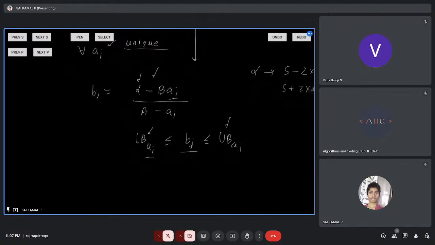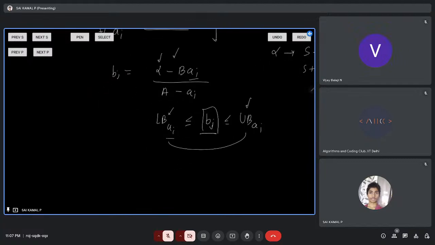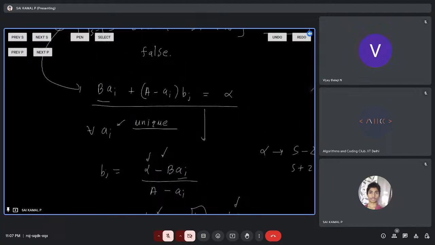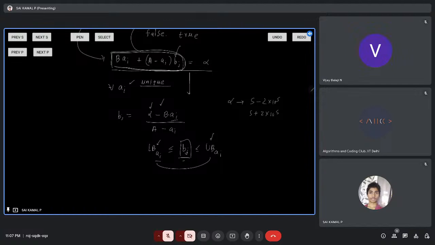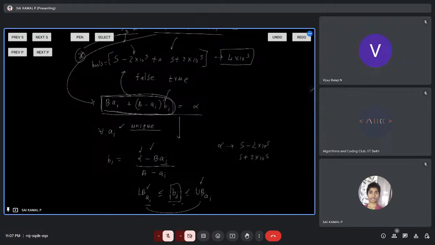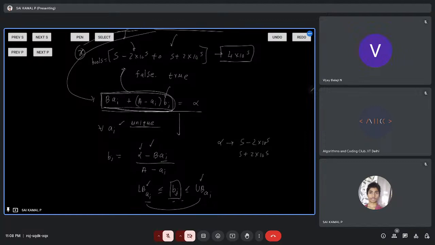Now you can iterate over all the elements of bj which are within this range, evaluate this value, and set the value of this in this array to be true. So go over all the values of bj in this list, and whenever you evaluate this value, set that value to be true in this set.